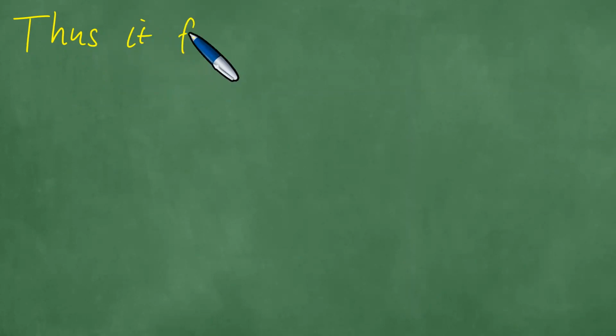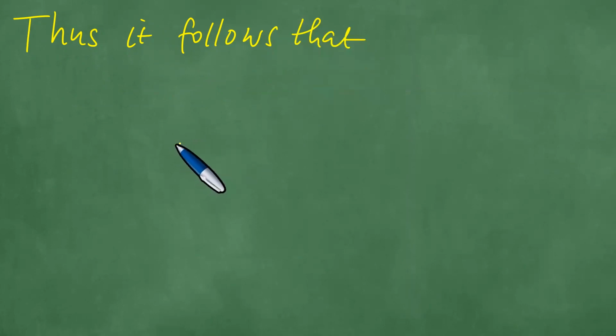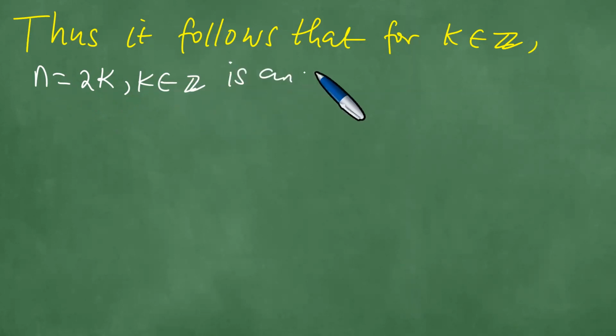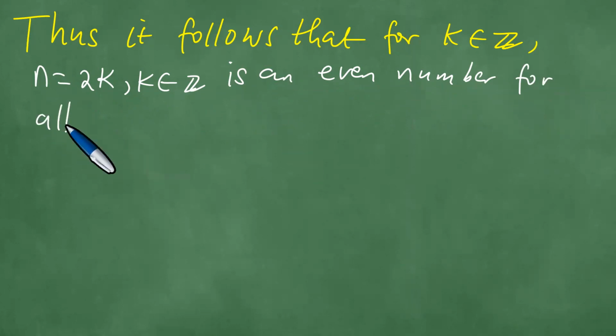Thus it follows that for k being an element of the set of integers, n equals 2k is an even number for all k in the integers.